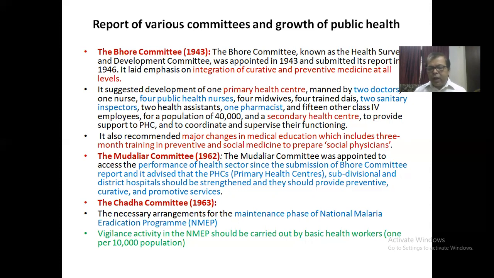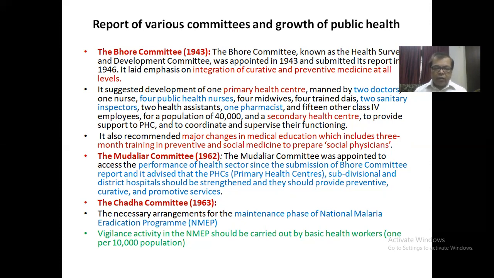That means we are here stating that some kind of health structure exists at subdivisional and district level. And then it also talks about the integration of preventive, curative, and promotive services. Promotive means basically those services which promote the health outcome of people. We have already understood promotive health in our previous lecture.